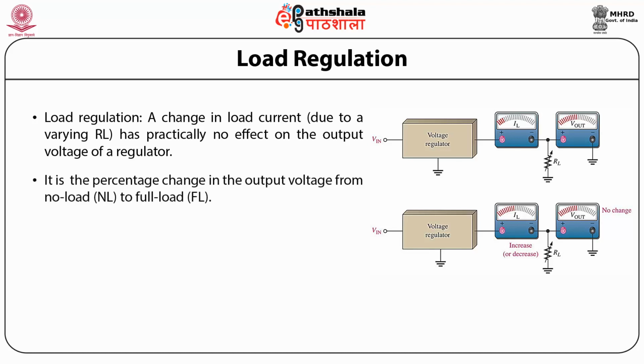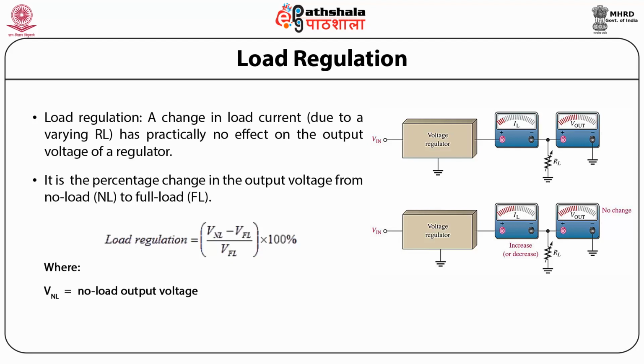Basically, it is the percentage change in the output voltage from no load (NL) to full load (FL). That is, load regulation is equal to (VNL minus VFL) divided by VFL multiplied by 100%, where VNL is the no load output voltage and VFL is the full load output voltage.